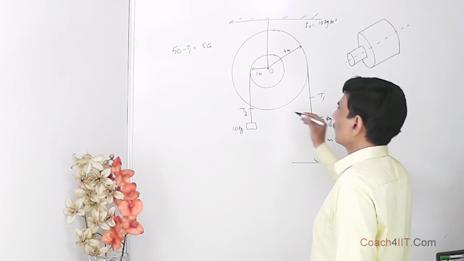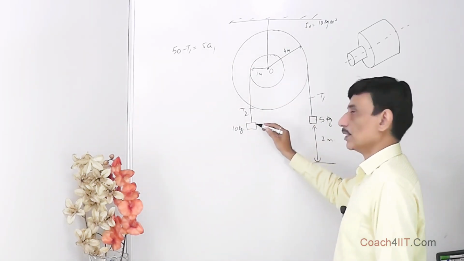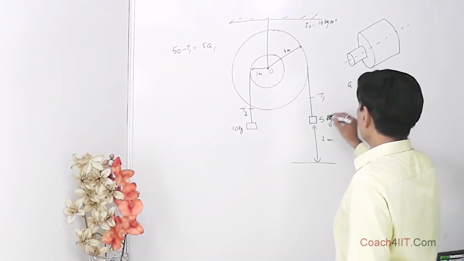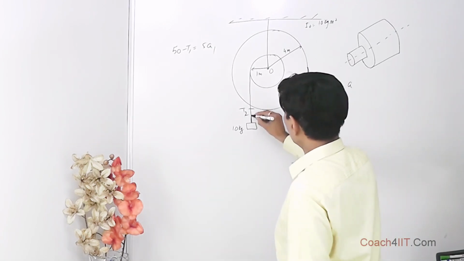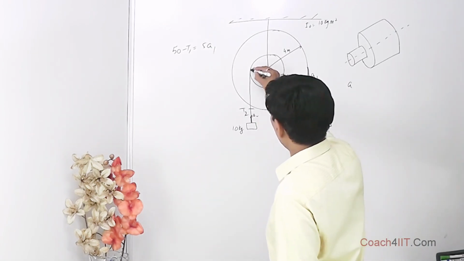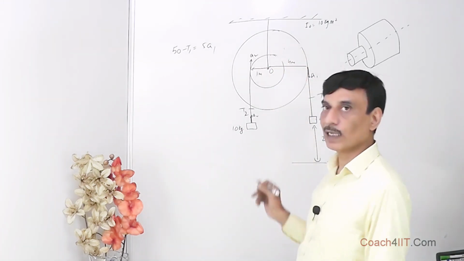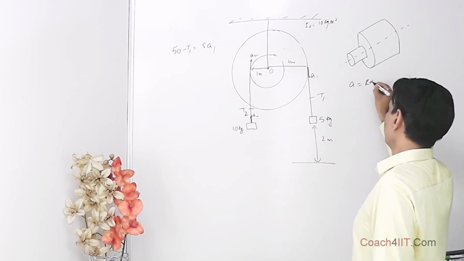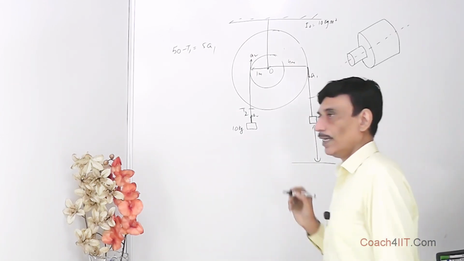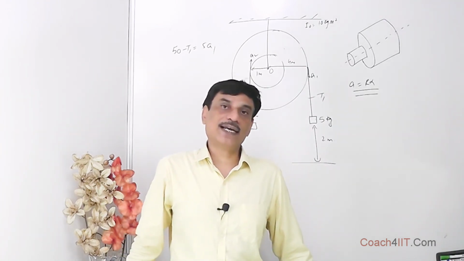The equation for this is 50 minus T1 is equal to 5 into A1. The acceleration of this and the acceleration of this are going to be different now. If this is going with A2, it will be in the same direction. This whole pulley is going to have one alpha only, angular acceleration. So we can use A is equal to R alpha, where A is the acceleration of a point situated at a distance R from the axis of rotation.